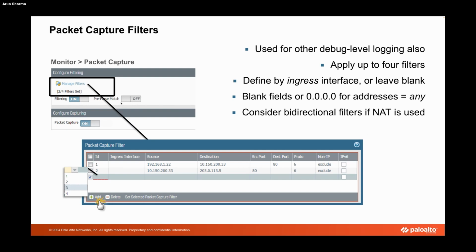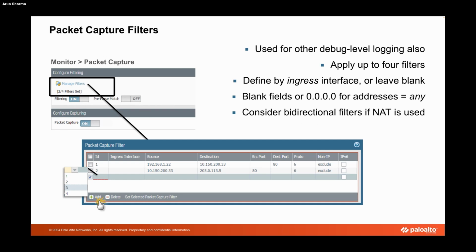There's a pre-parse match option over here. We normally don't suggest customers use it because it's normally used when we are troubleshooting some scenario. For packets for which we don't see the session IDs, this will match using the pre-parse match option.